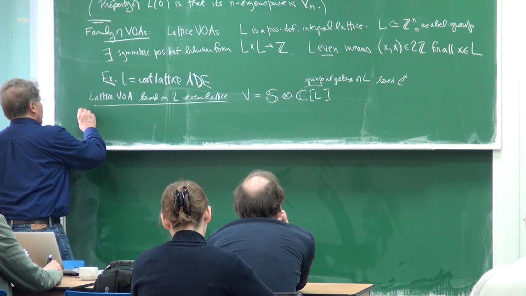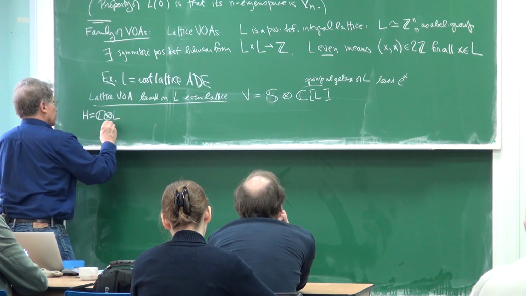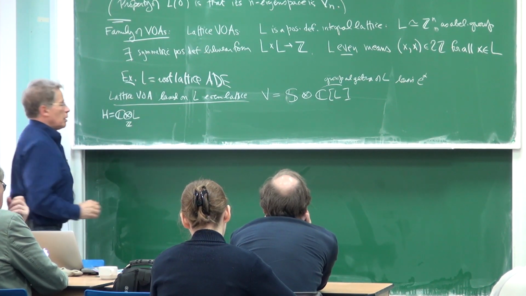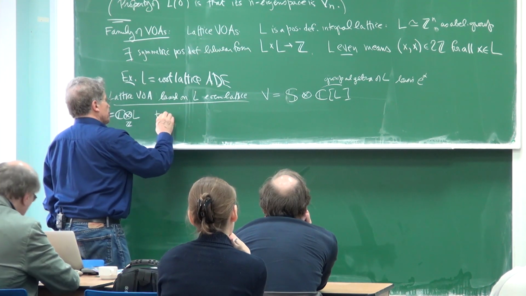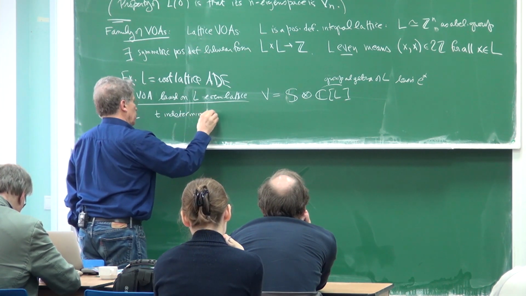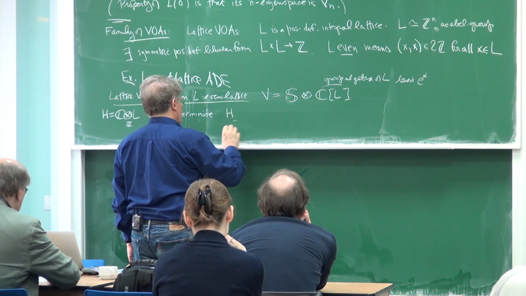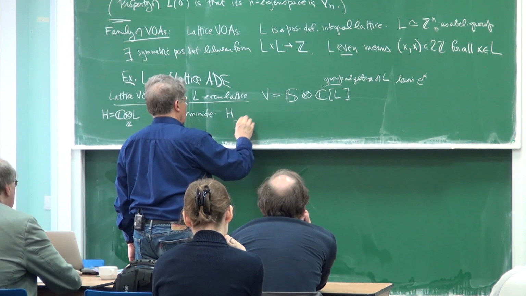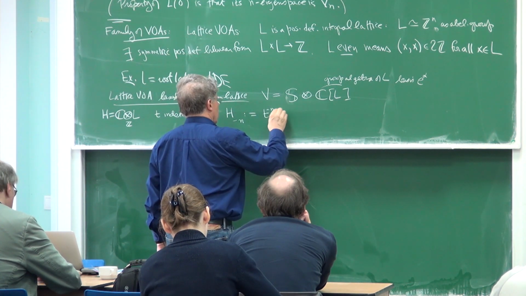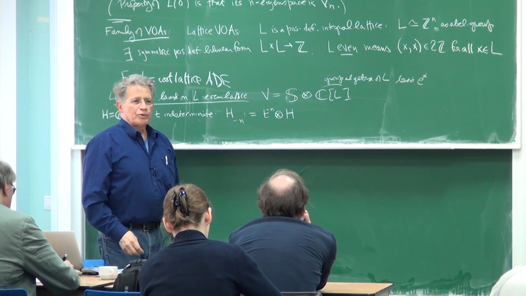Well, we let H be the complex vector space which contains L, and T is an indeterminate. And H sub minus n is T to the minus n tensored with H. Now maybe that bothers you a great deal.